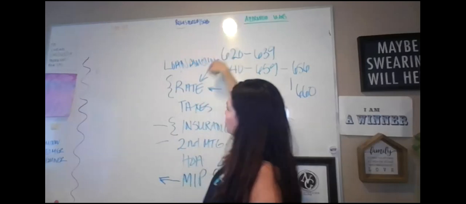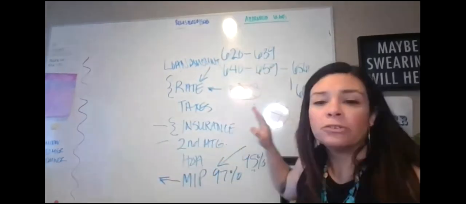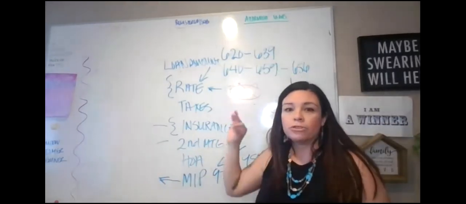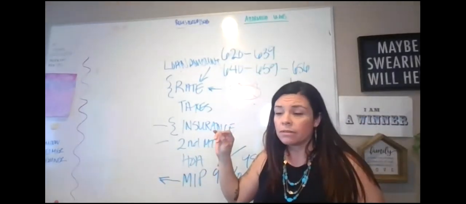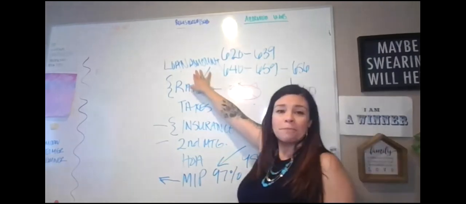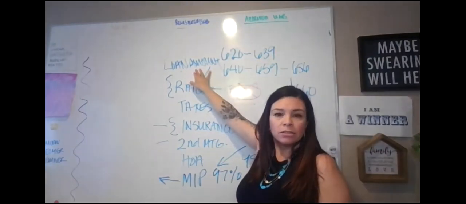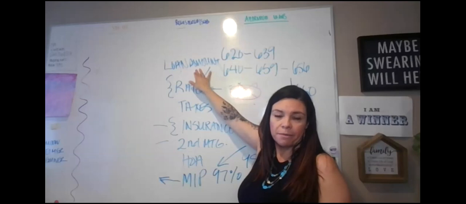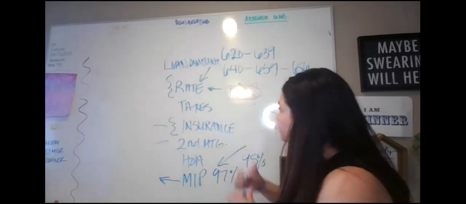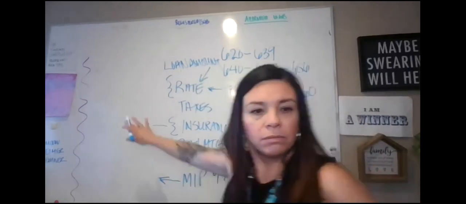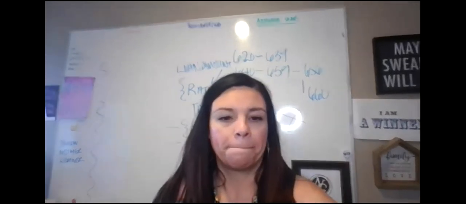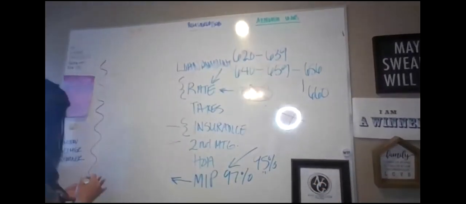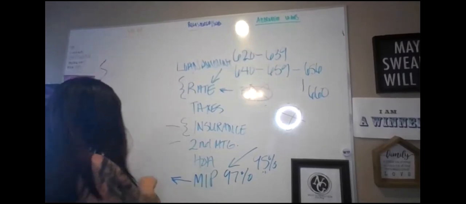Now, I will tell you that the majority of the time, lowering the loan amount is the least effective way to lower your front end debt to income. And here's why.